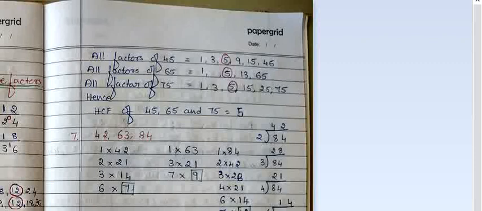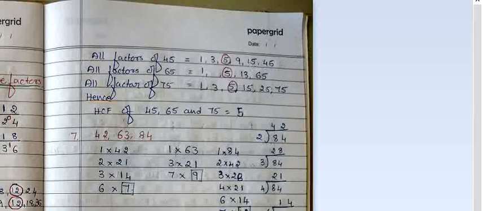So these are the factors, all the factors we got, hence we need to find HCF. We'll begin with the first biggest factor of all the factors of number 45. 45 is a factor of 45, but it's not a factor of 65, hence we skip.